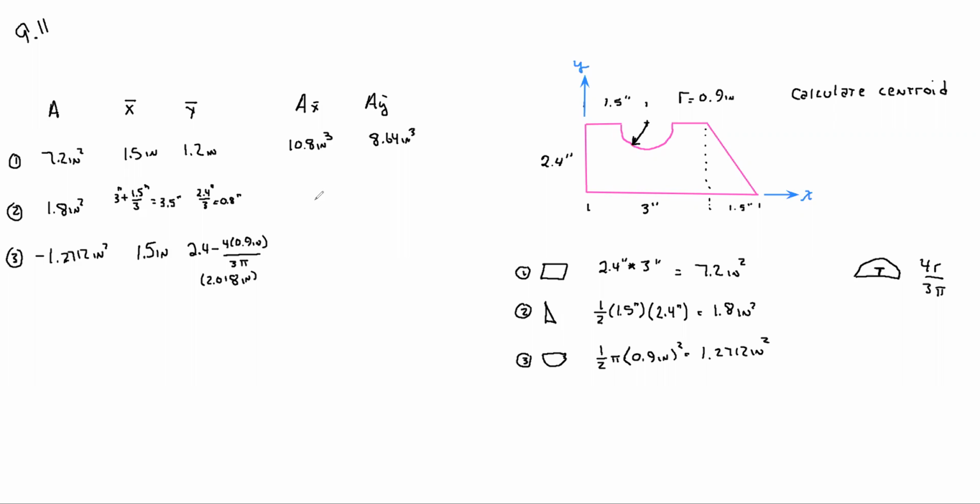All right, A times x bar for the triangle is 1.8 times 3.5, which is 6.3 cubic inches. And A times y bar, 1.8 times 0.8, 1.44 cubic inches. All right, so for shape 3, the semicircle, they will be negative because we're going to subtract those out.